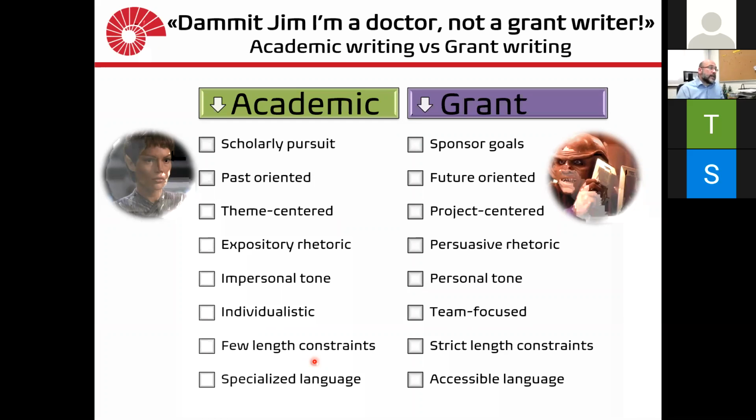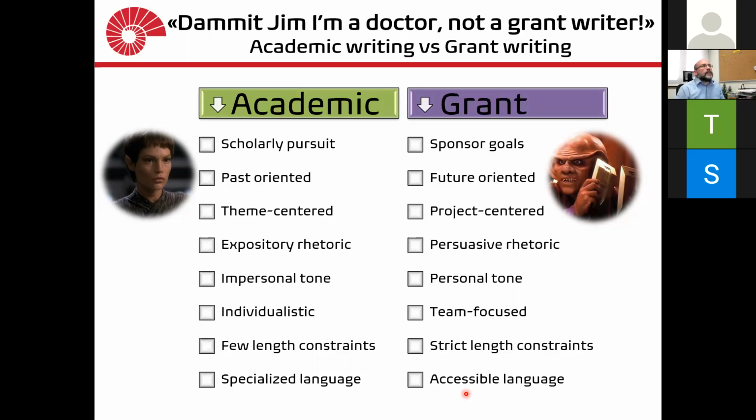In academic writing, you have a more specialized language based on the discipline you are coming from. It has a very specific jargon, a very scientific scholarly jargon. It is an insider jargon, so to speak. Whereas your grant proposal has to be, in comparison, more accessible, more easily understood.